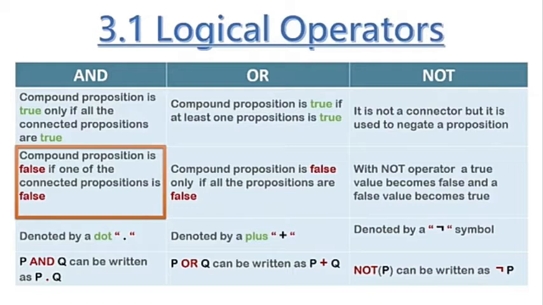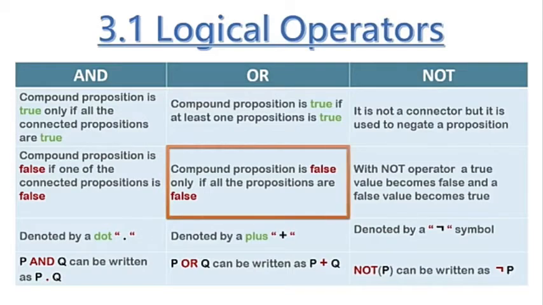It means that the true value becomes false and the false value becomes true. If the value is 0, it will be 1, and if the value is 1, the answer will be 0. So it reverses the actual values, true to false, false to true.